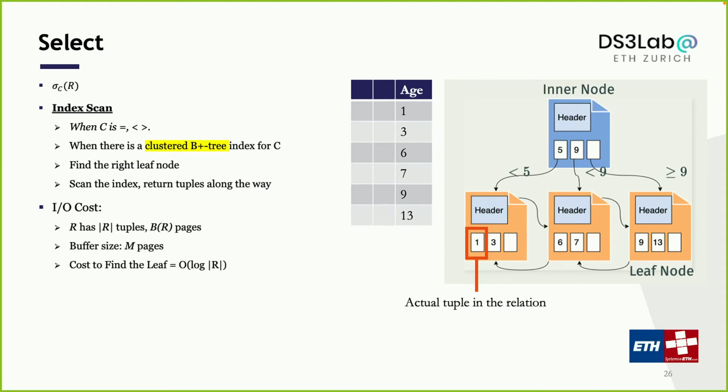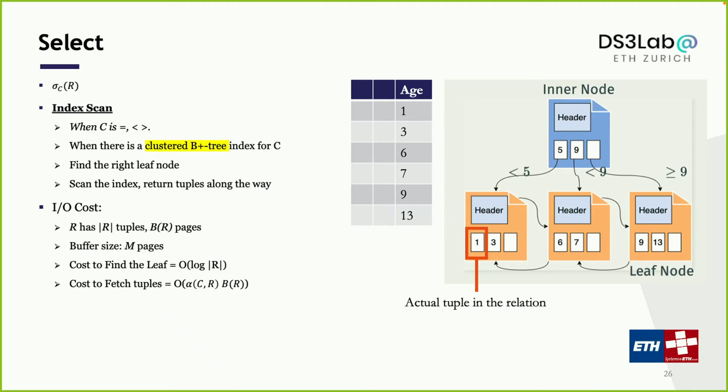The amount of I/O you need to find the leaf node is the same. The only difference is the cost for fetching tuples. Instead of incurring a single I/O at the page level for every single tuple, I have the luxury to just scan the leaf node and output tuples, because they're all together, they're clustered.